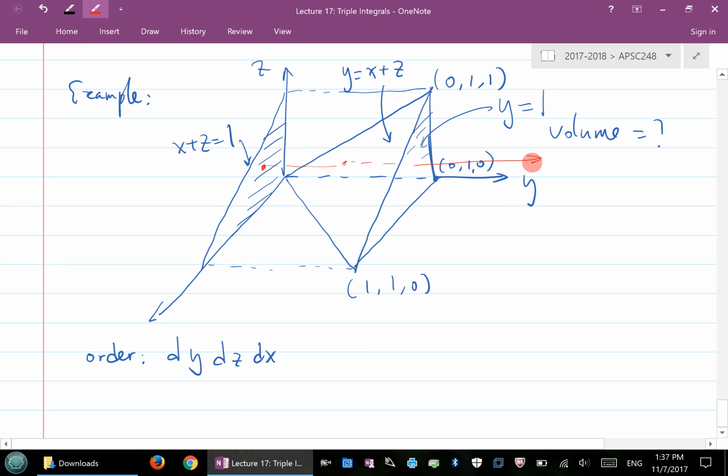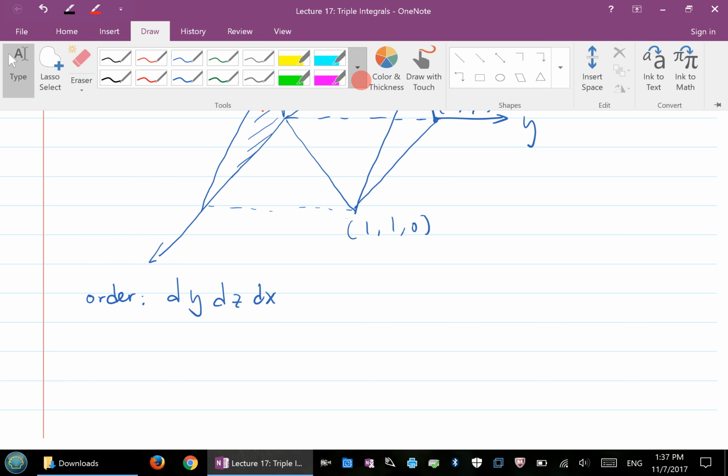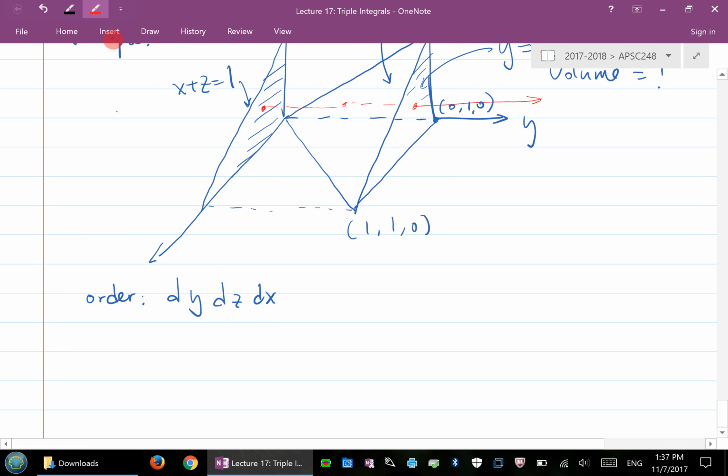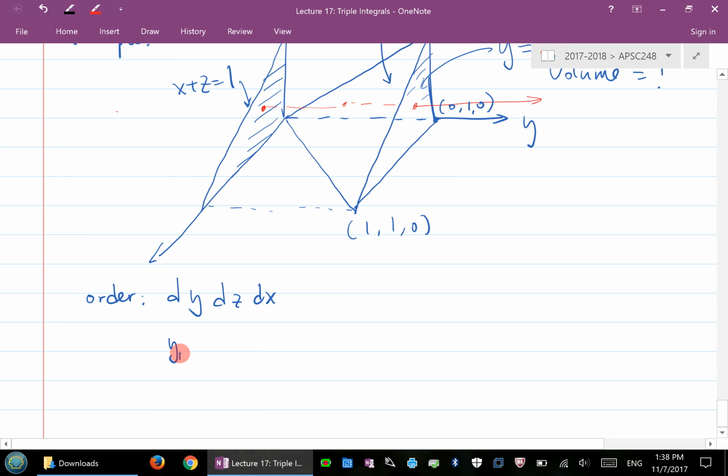That's how you draw this line across this region D. First contact gives you the y min. Second contact gives you the y max.